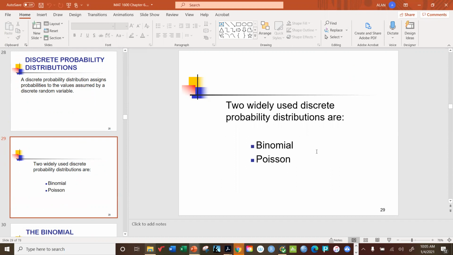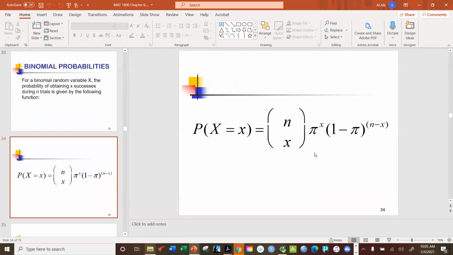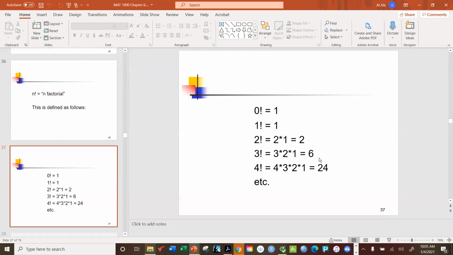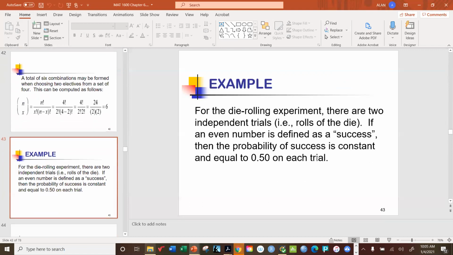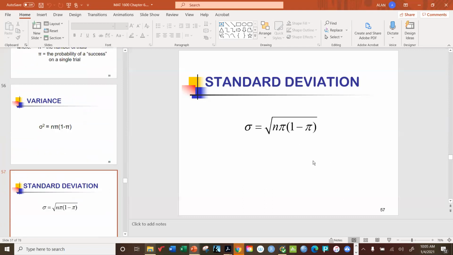With Poisson, we're looking at cases where time is elapsing, and we're trying to analyze the number of events that can occur during that time interval. Okay, so we introduced a probability formula for both of them. This was our formula for calculating binomial probabilities. And we also had a formula for calculating Poisson probabilities. Let's jump ahead here and find it.